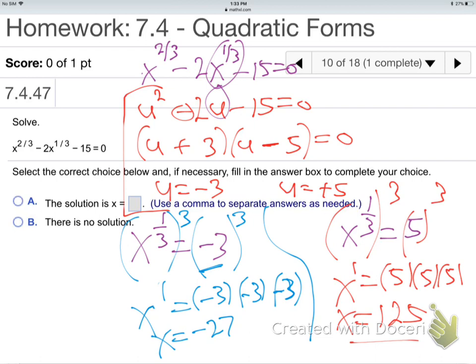Why on the right side did I write 3 of them, but I didn't do that on the left? Yeah, it's because these guys canceled out, so the 3 was gone. But on the right side, there's no power here to cancel that 3 out. It's just 3 of them.